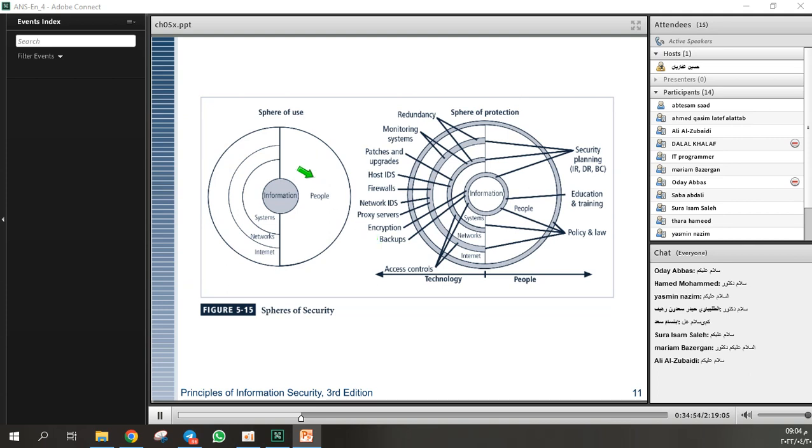But in the right half side of these charts, we can see the people. What does it mean?